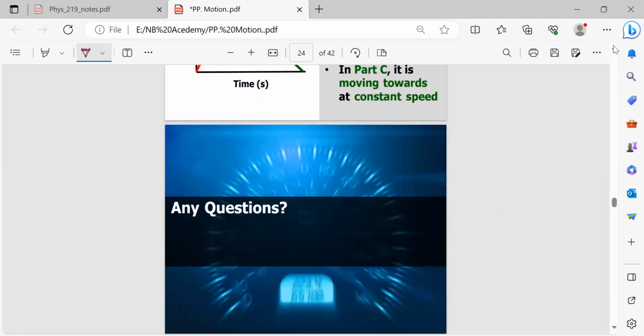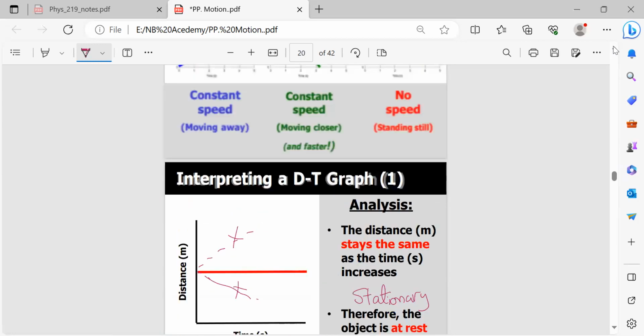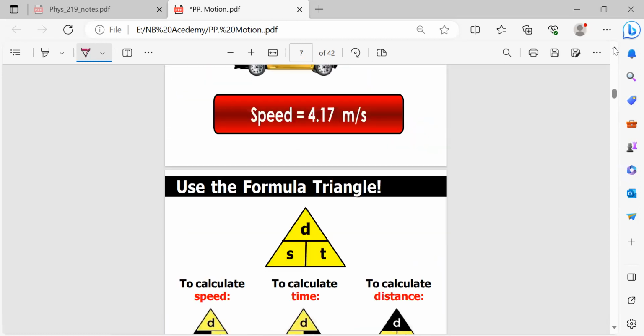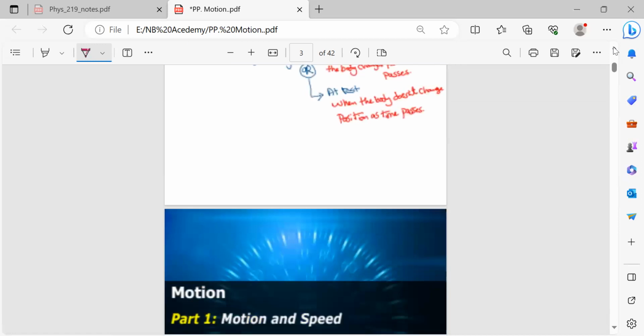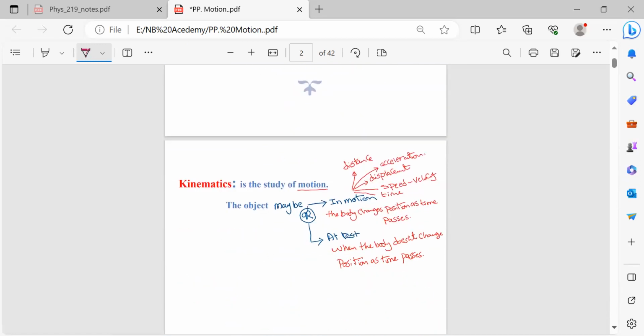So here, what we covered today: we've talked about kinematics and the terms we use when describing motion. We were exposed to distance, displacement, and speed.